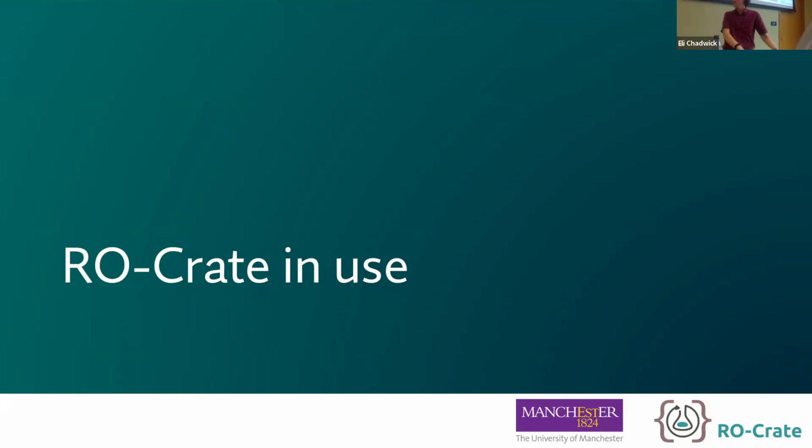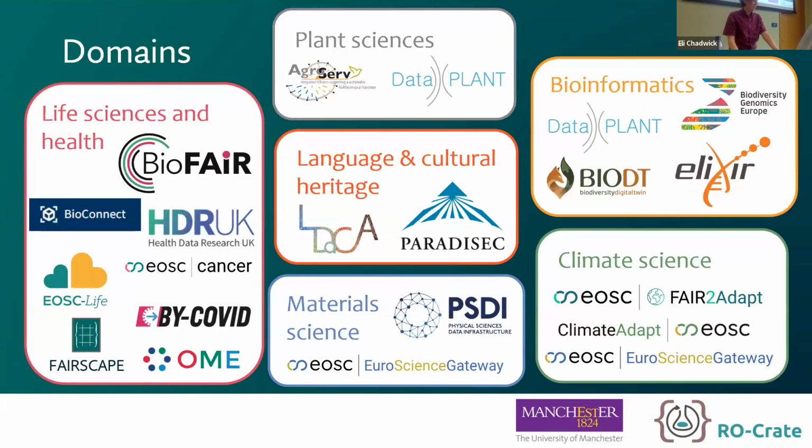Okay, so I'll talk a bit about how RO-Crate is being used in a few different projects. It's used across a lot of different domains. At Manchester, I would say a greater fraction of our work is with the life sciences domain and bioinformatics, which is why those boxes are the biggest on here, because it's mainly projects I work with.